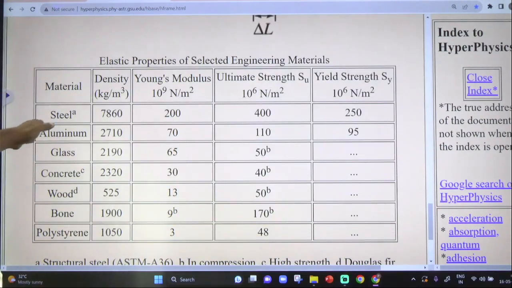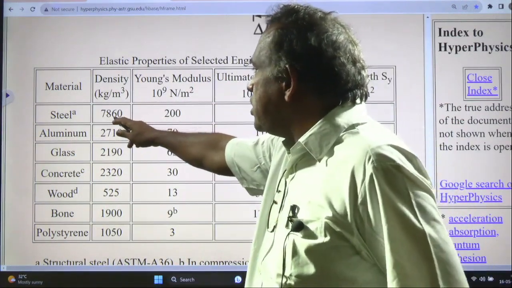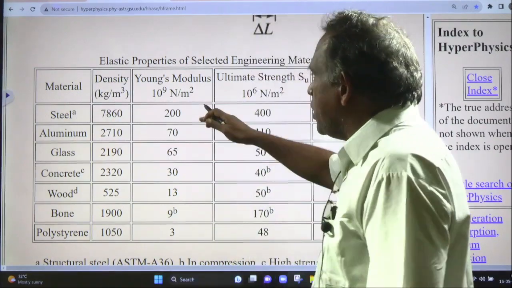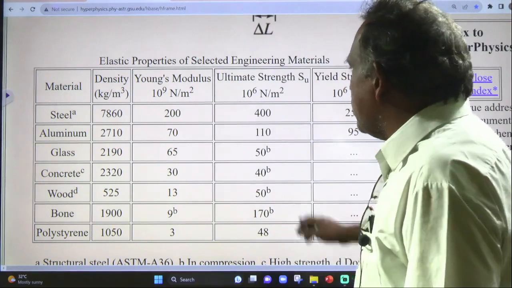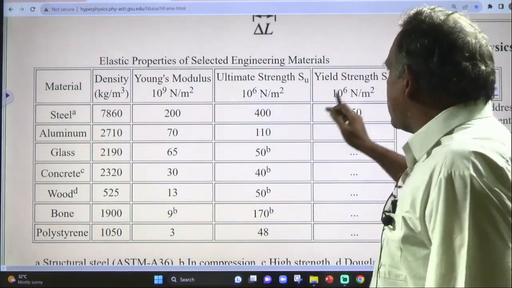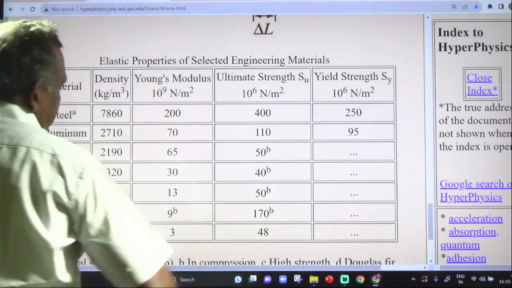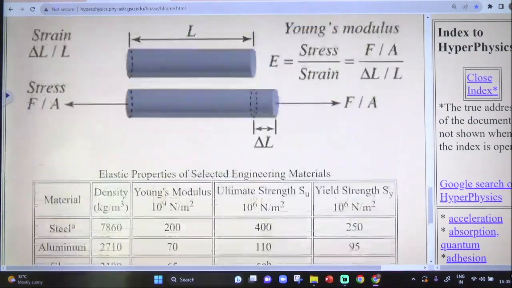The constant value for steel: the density is 7860 kg per meter cube. These are all physical tables. Young's modulus is 200 into 10 power 9 Newton per meter square. The ultimate strength of the steel is this, the yield strength of the steel is this. Wood 525. Like this, these are the physical data we are supposed to have.